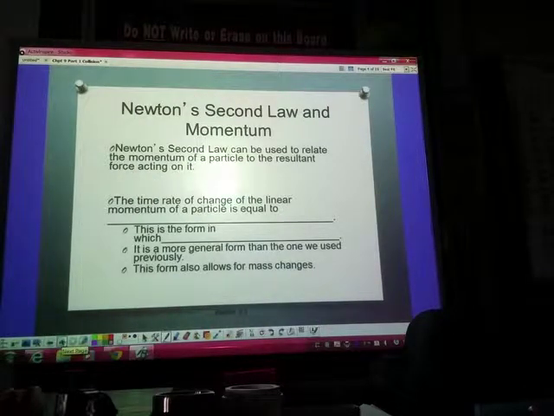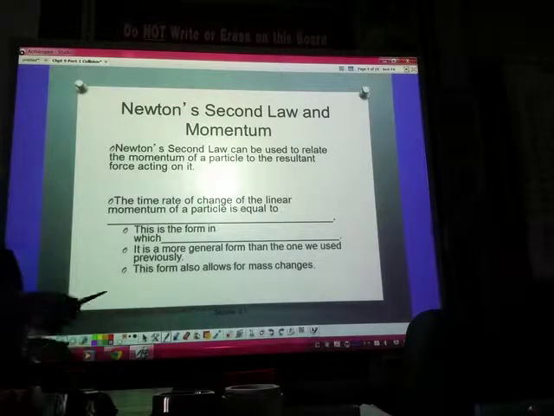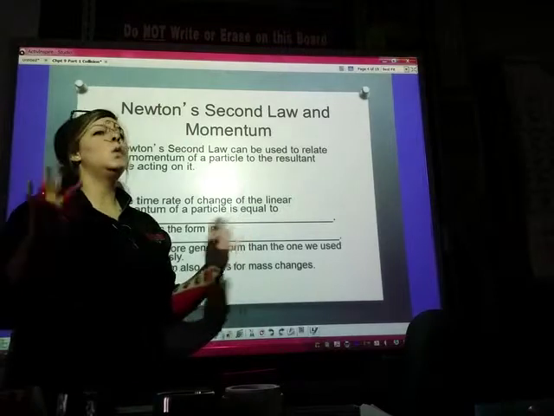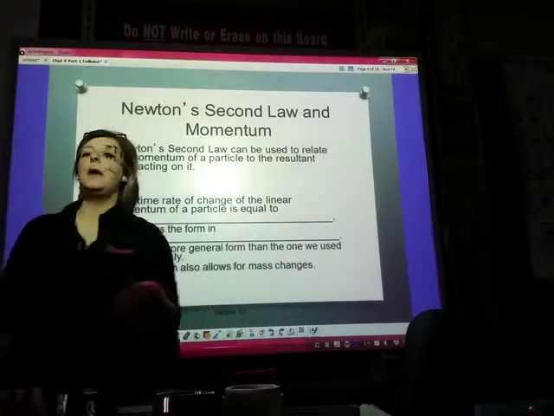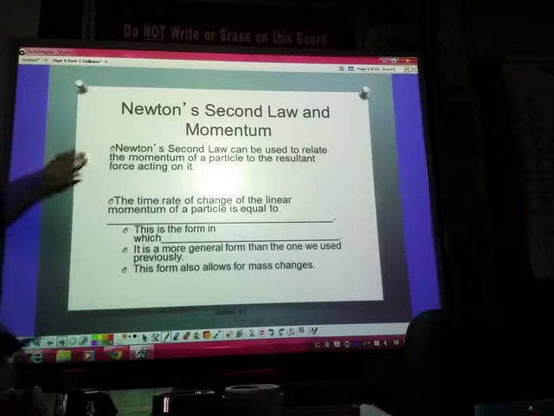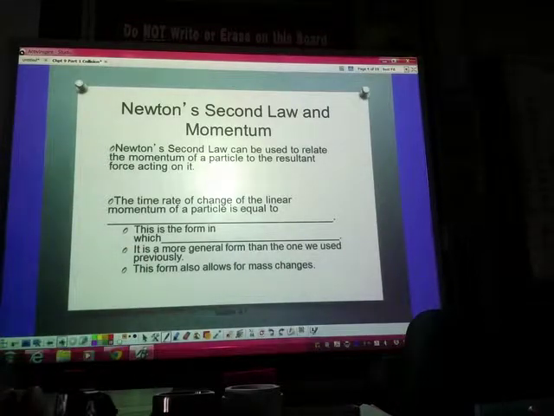Okay, so how do Newton's second law and linear momentum relate? In Newton's second law, we know that force is equal to mass times acceleration, or technically acceleration is directly proportional to force and inversely proportional to mass. But we can use Newton's second law to relate the momentum of a particle to a force that's acting on that particle.